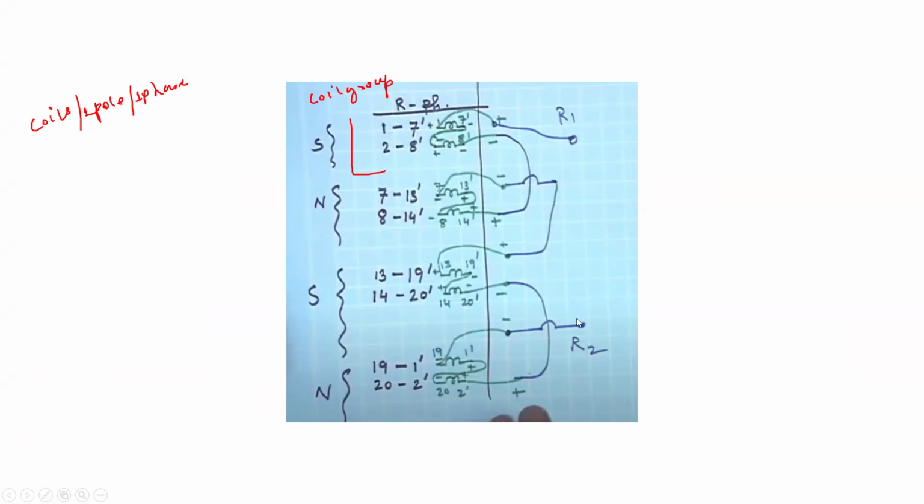If all the coil groups are connected in series, and in each coil group the two coils are also connected in series, then you will get maximum voltage. And what will be the current rating? The current rating will be the current passing through one coil, because all the coils are connected in series like this. So the current rating will be the current rating of one coil.